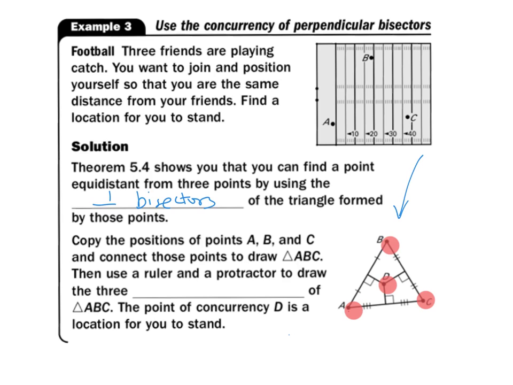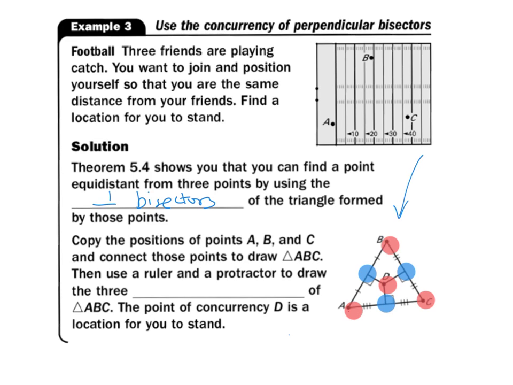And the way to do it, as we mentioned earlier, is that we have to find the midpoint of AB, find the midpoint of AC, and find the midpoint of BC. And then we have to draw perpendicular lines to these segments. And that's how you finally find your point D.